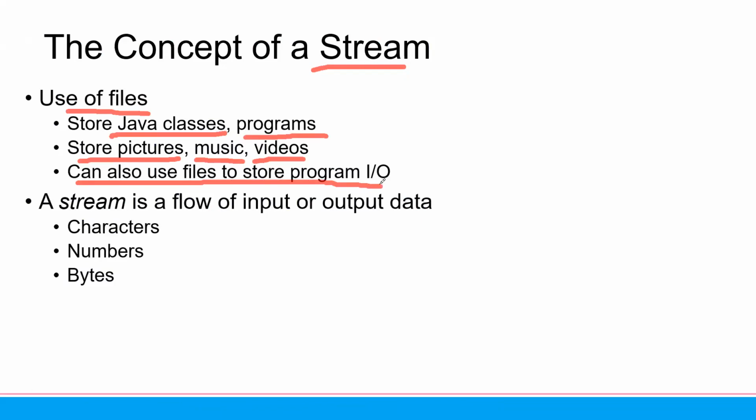What we learned previously was related to the text file, so we just used very simple text. A stream is a flow of input or output data. It can be characters, numbers, bytes, and so on.